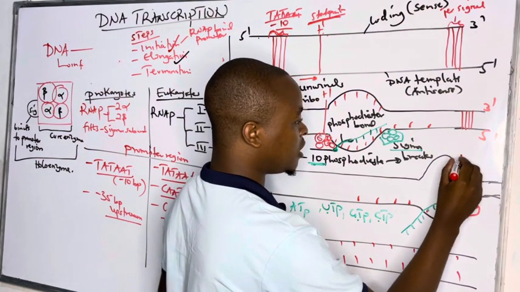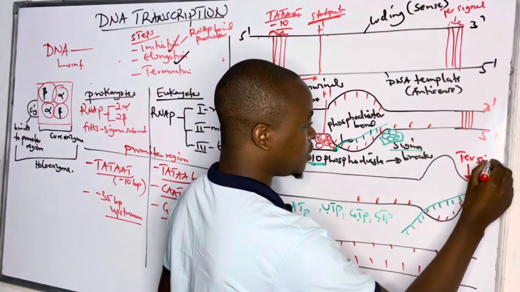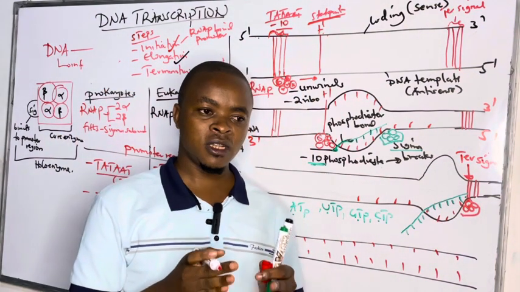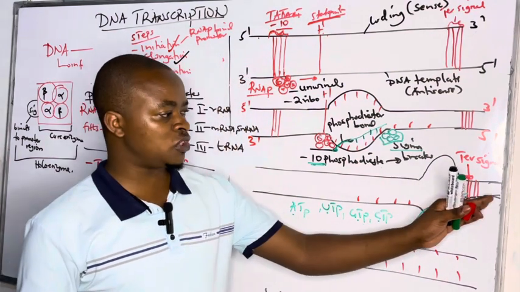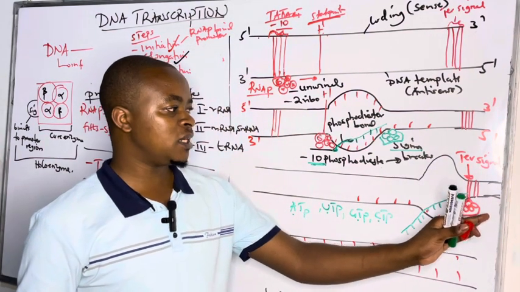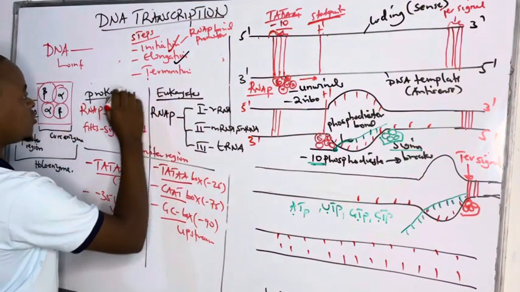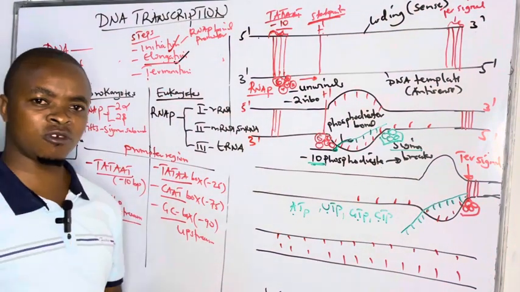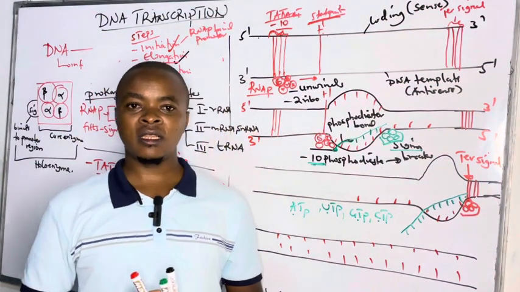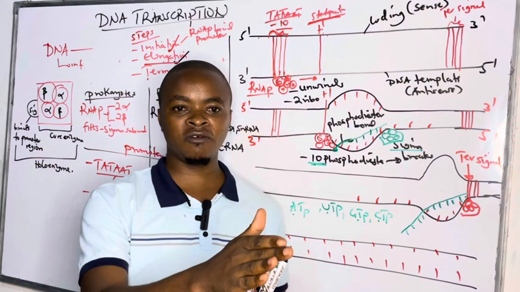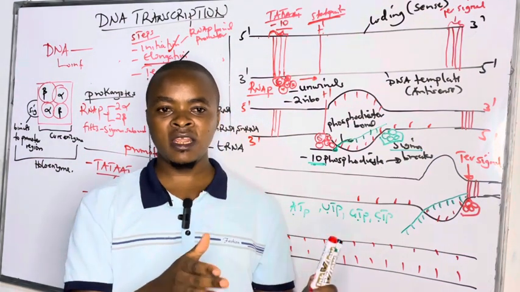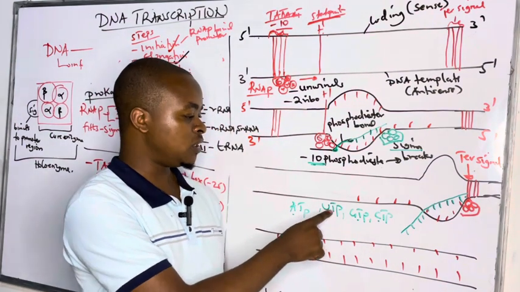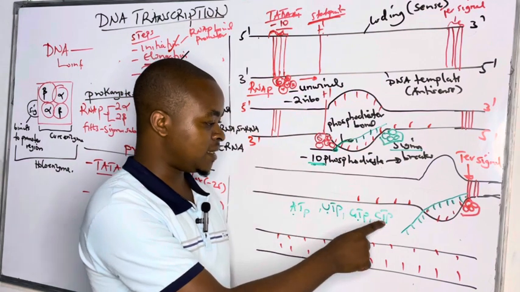When it reaches the termination signal, it stops there. Once it detects the termination signal, the RNA polymerase does not continue to move. And what happens now? It enters into what we call the termination step. But under elongation, what you have to know is that the RNA polymerase continues to move along the template strand, adding complementary base pairs using ATP, UTP, GTP, and CTP.